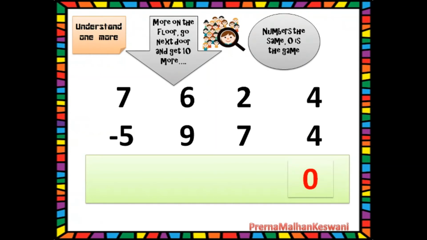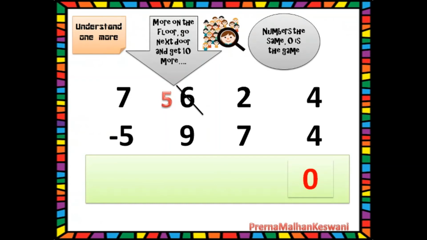Now look at the tens column. 2 minus 7. It is certainly more on the floor. 7 is more than 2. So when it is more on the floor, you have to go to the next door and get 10 more. So you will go to 6 and borrow 1 tenth from there, and it will be 5.